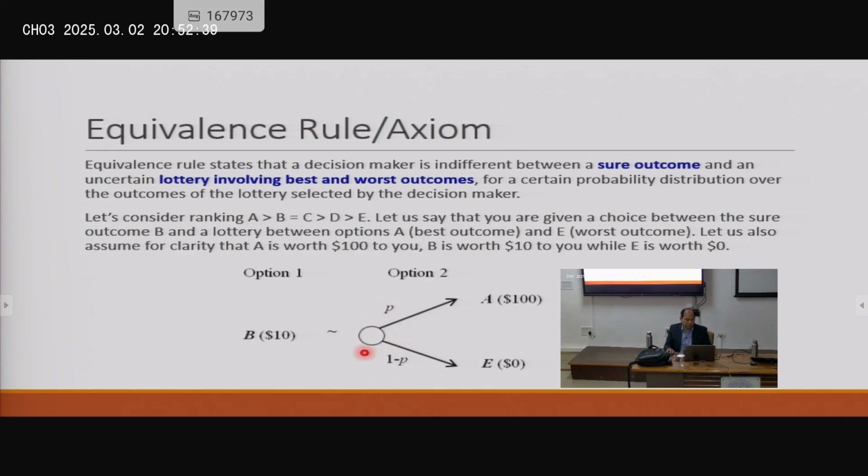You already know that the circle means uncertainty, right? If you go with option 1, you get $10 and you go home. You go with option 2, some event happens which has a probability P, and if it happens, then you get $100. If it doesn't happen, with probability 1 minus P, you get $0.